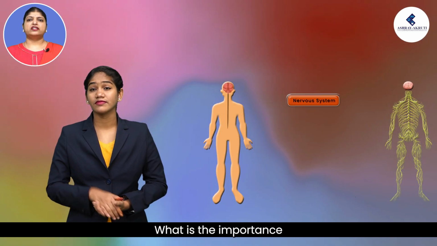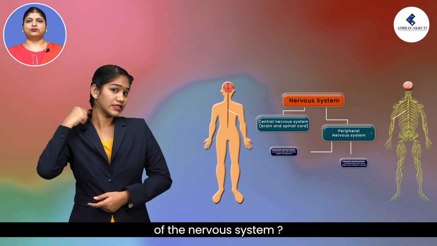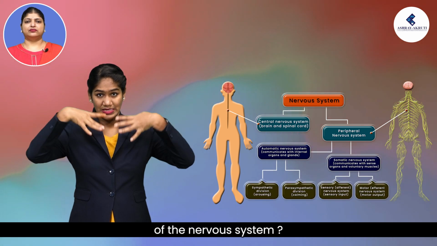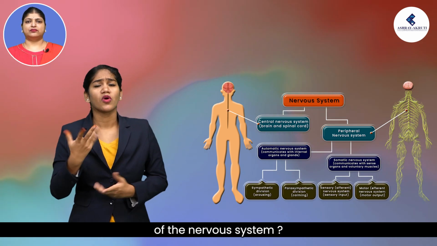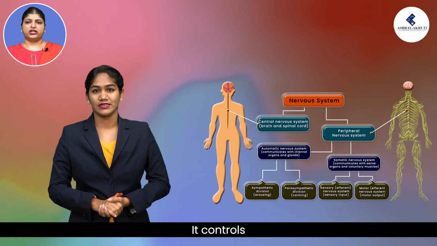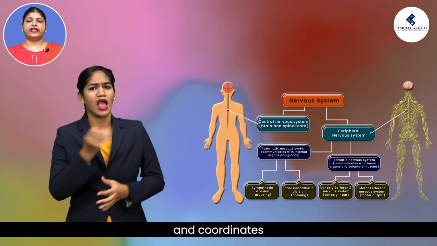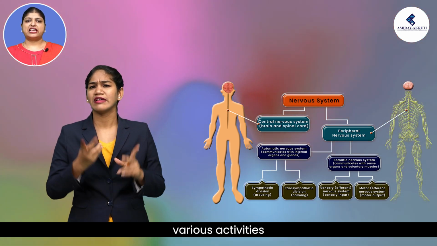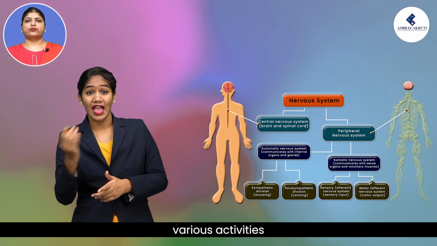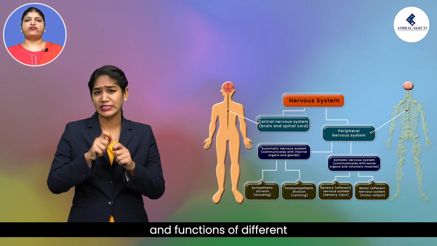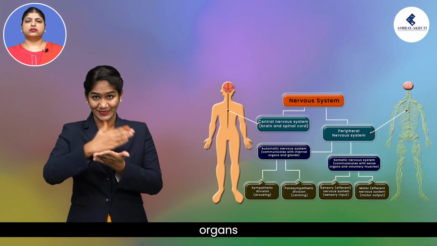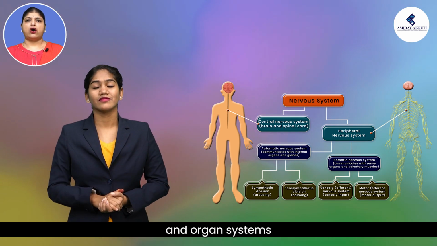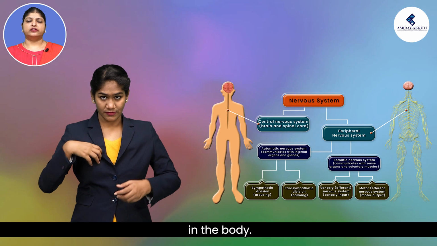What is the importance of nervous system? It controls and coordinates various activities and functions of different organs and organ systems in the body.